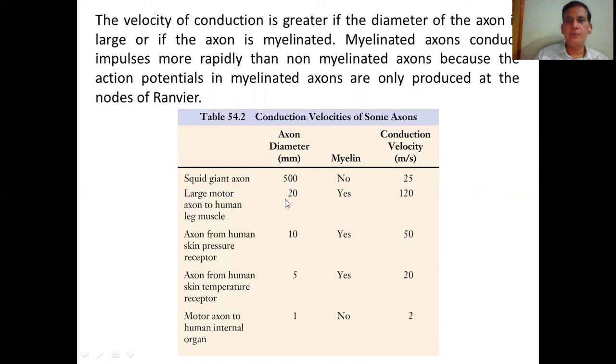In the human leg, the diameter is 20 micrometers, and the speed is 120 meters per second. So the larger one has faster conduction and takes less time. And if we compare the myelinated and the non-myelinated, usually in the myelinated one, the conduction is faster.